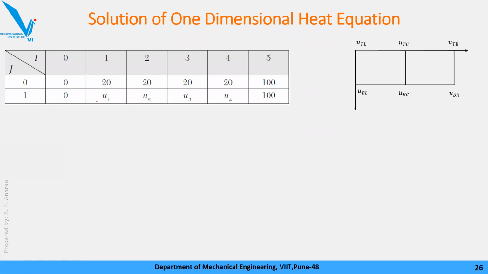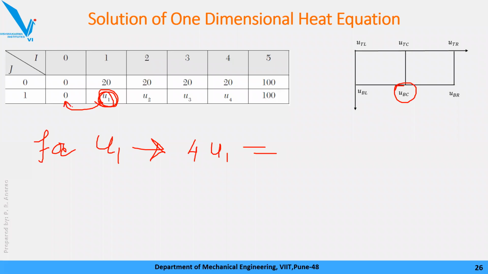Now if you look at this first part, u1 के लिए, okay, so for calculating u1, I'm going to write the formula. So u1 is the bottom central part, bottom central point. So formula becomes 4 into u bc, that is u1, 4 u1 equal to summation of left hand वाला node, right hand वाला node, so 0 plus u2 plus ऊपर वाला left, ऊपर वाला right, 0 plus 20.